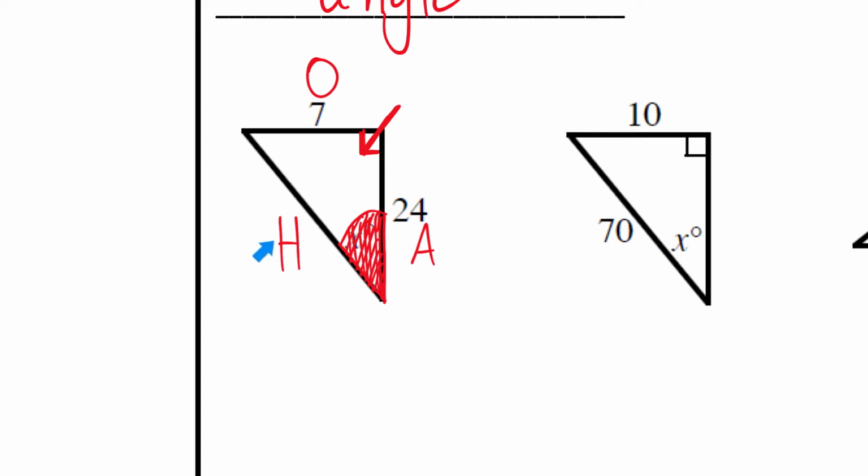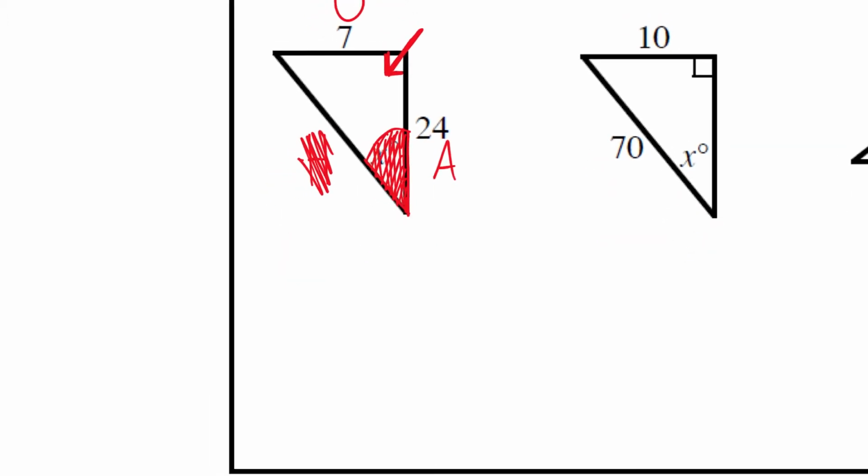Now as I think about these three, H, A, and O, which of those three do we not really need on this one? The H. That's on the blank side, so I don't care anything about that one. So on this problem, we're dealing with the O and A. Which one of the functions uses O and A? TOA, the T for tangent. So we're going to use a tangent function on this one.